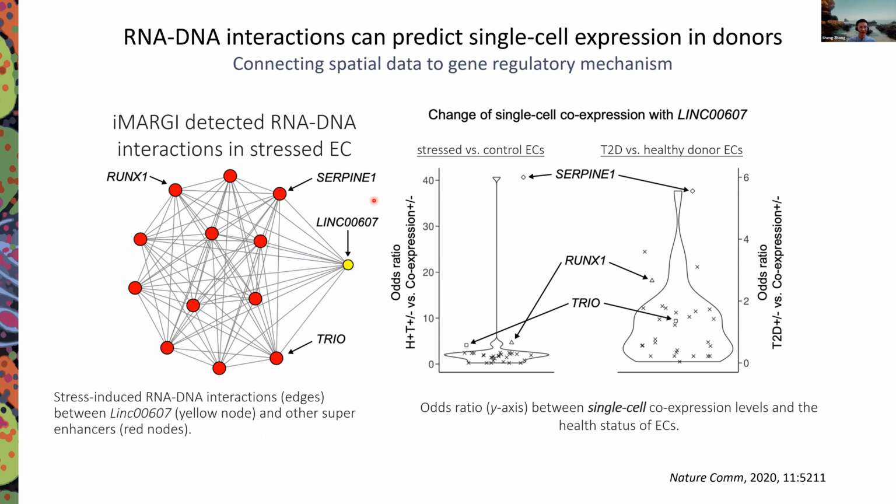The higher the odds ratio, the more conversion from these two genes not being co-expressed to being co-expressed in the bad condition. We see that SERPINE1 happens to be the strongest co-expressing, conforming to the idea that it's under regulation by lnc607.